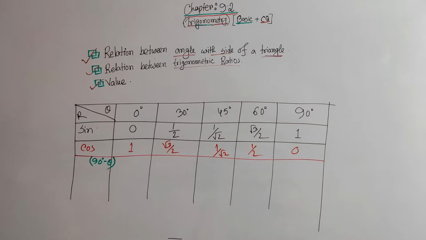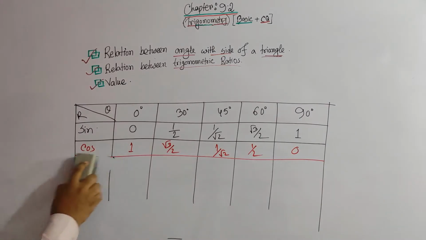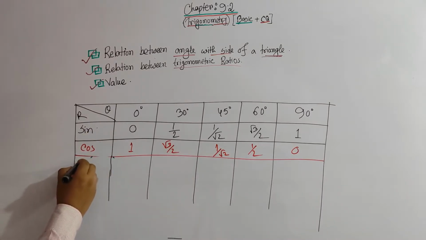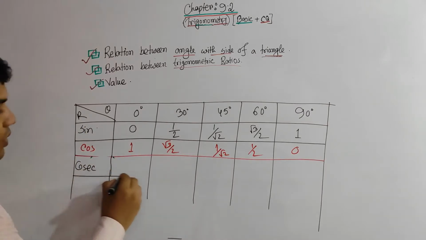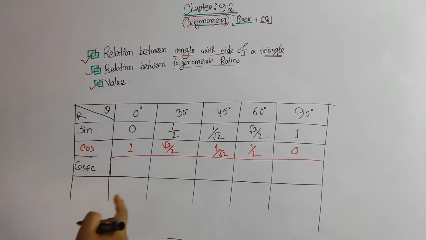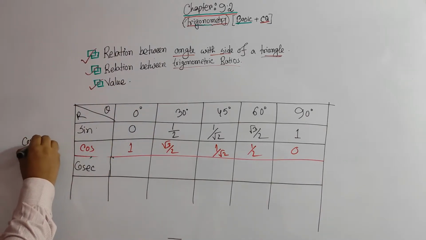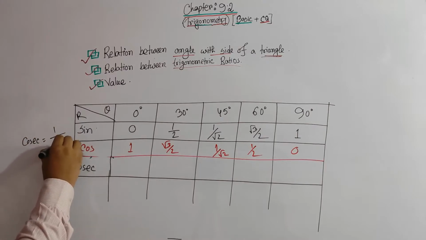Okay, now we are moving on to our inverse relation part. Suppose we are talking about cosec first. We know that cosec is nothing but 1 by sine, isn't it?